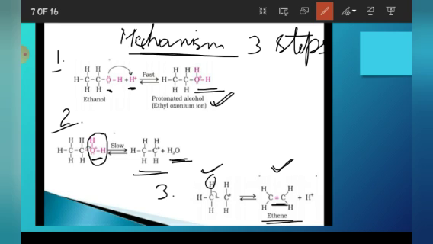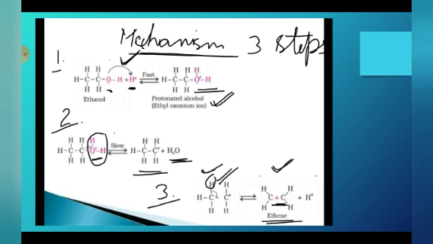First, second and third. You need to remember these steps as given in your NCERT, and when you write the mechanism in your board exam, you need to show these arrows also. Very, very important. This is a very important mechanism and a direct question comes from it.